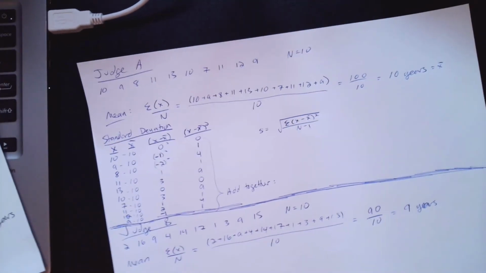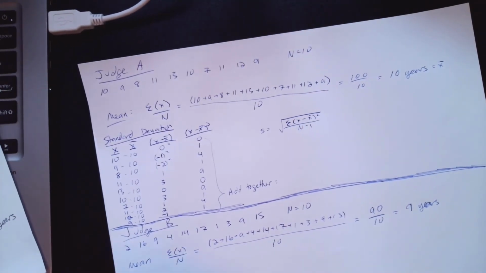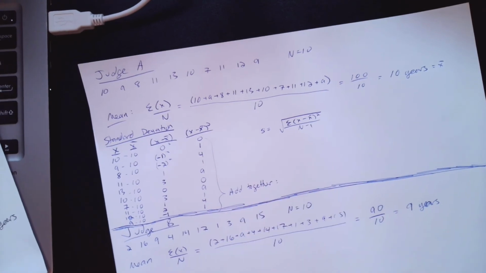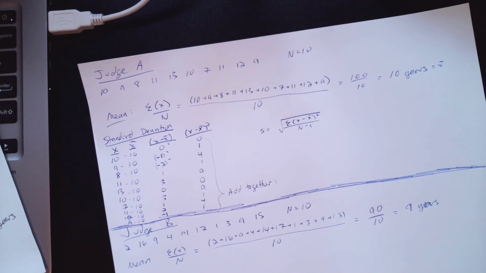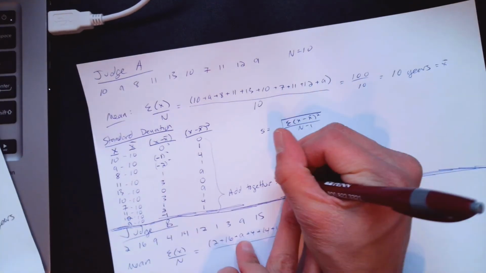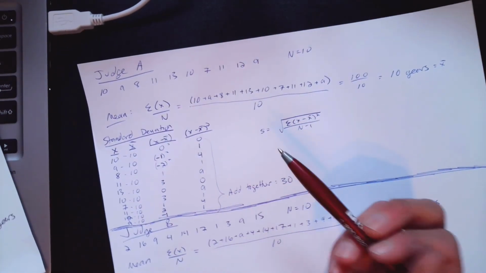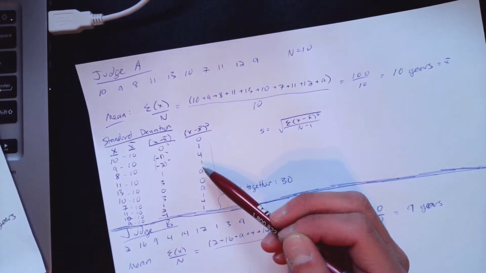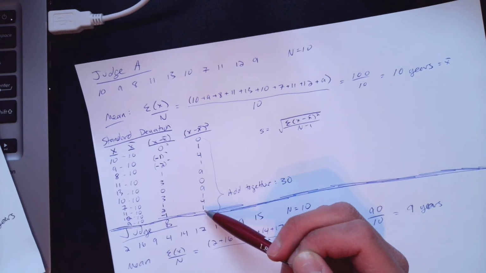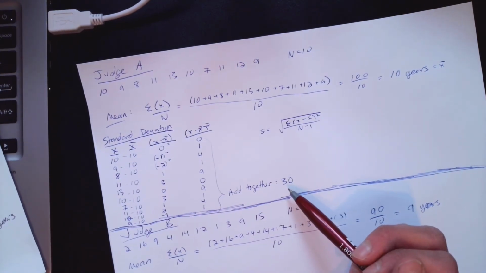If you add all of these together, you get 30. So 0 plus 1 plus 4 plus 1 plus 9 plus 9 plus 1 plus 4 plus 1 comes out to 30.